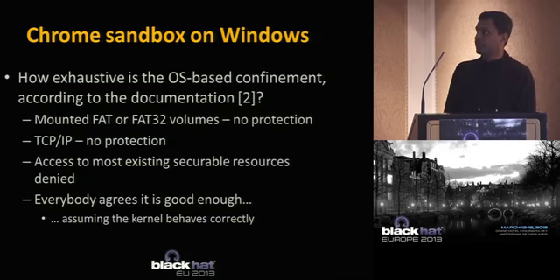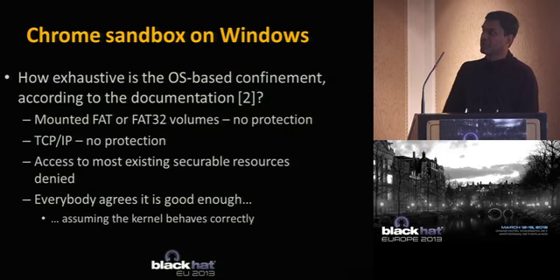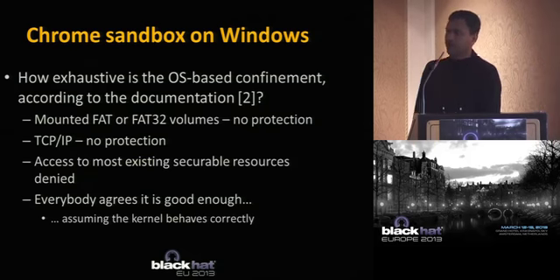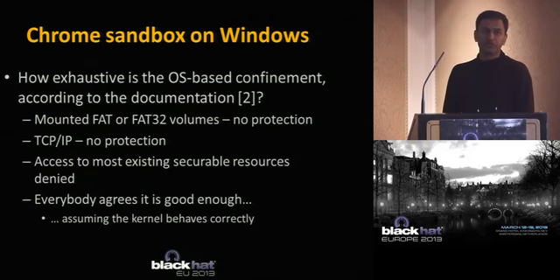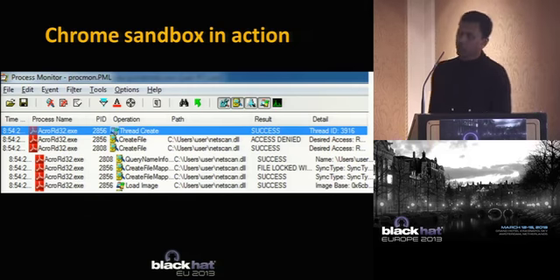There is no protection for TCP/IP, and access to most existing securable resources is denied, right? This is fair enough. This should be reasonably good enough to secure and contain an exploit within the sandbox, assuming that the kernel behaves correctly. So this is how the Chrome sandbox would work.